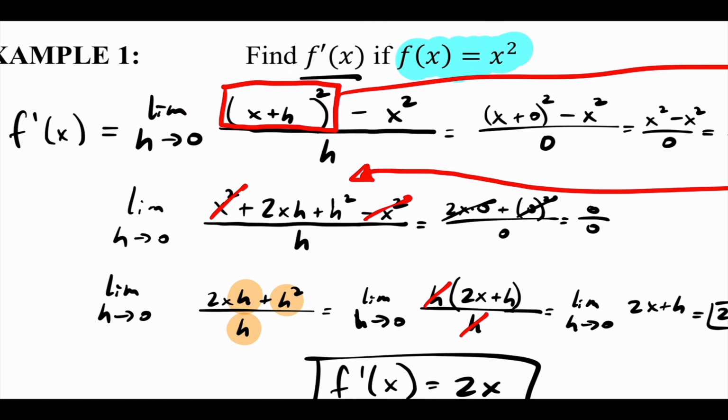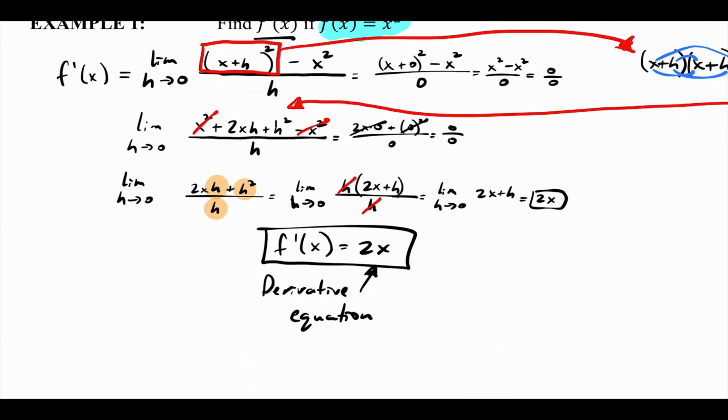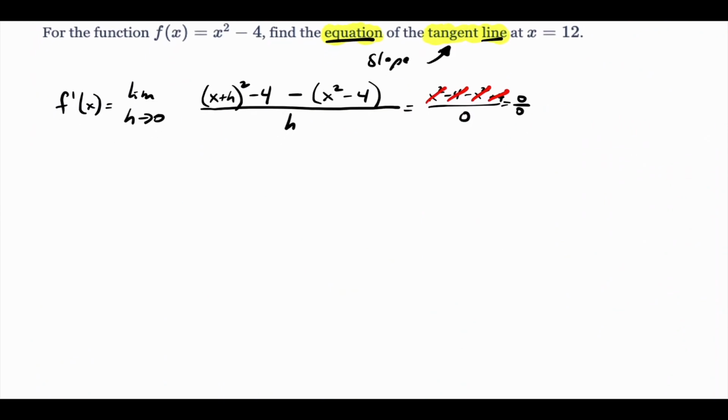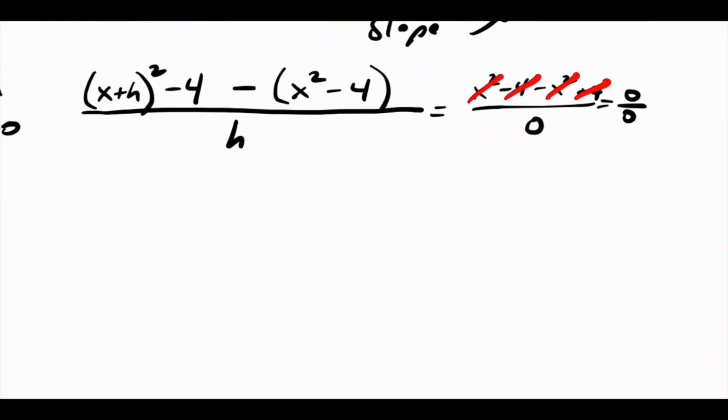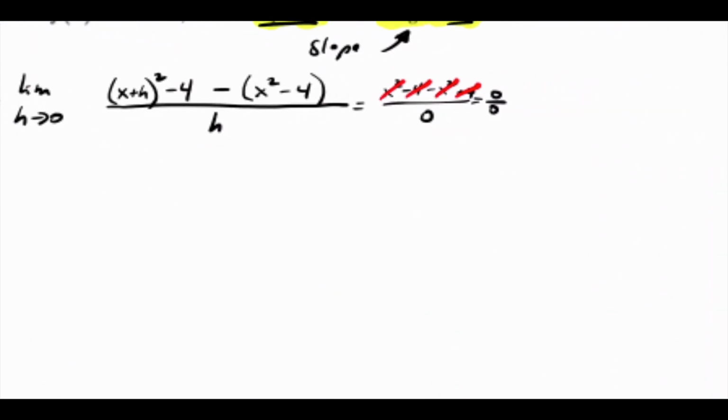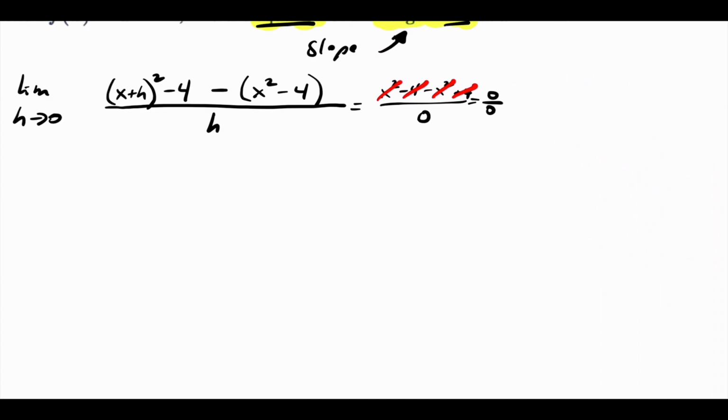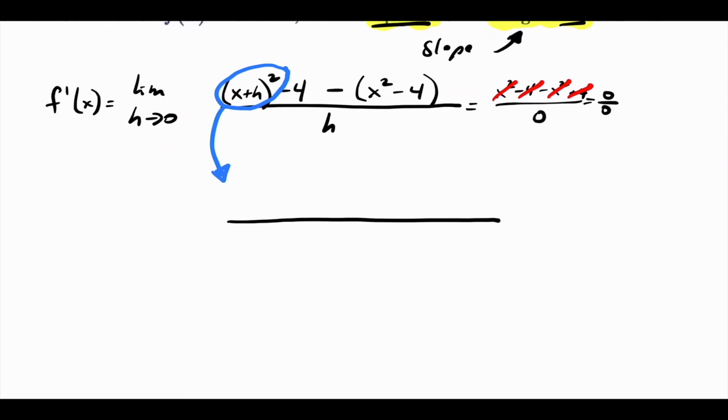So yesterday what we did was we multiplied that binomial, x plus h squared. That's what I'm going to do now. I already did it yesterday, so I don't need to do it again. What did I get yesterday?